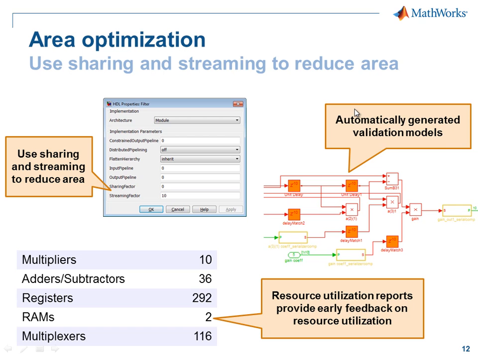We had automatically generated validation models to gain confidence that what has been created still performs identically to my original model, and the resource utilization reports provide early feedback on resource utilization. And this also showed that streaming had a lot of impact in terms of resource reduction.